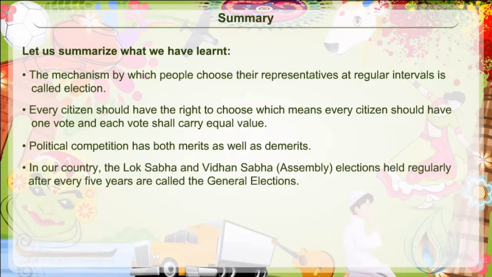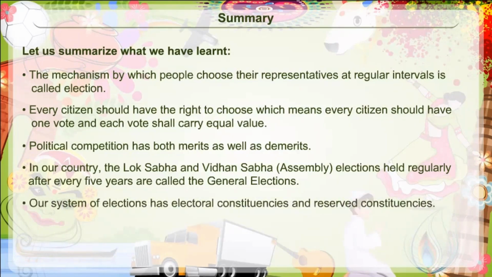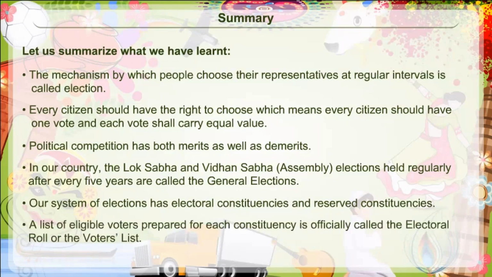In our country, the Lok Sabha and Vidhan Sabha assembly elections held regularly after every 5 years are called the general elections. Our system of elections has electoral constituencies and reserved constituencies. A list of eligible voters prepared for each constituency is officially called the electoral roll or the voters' list.